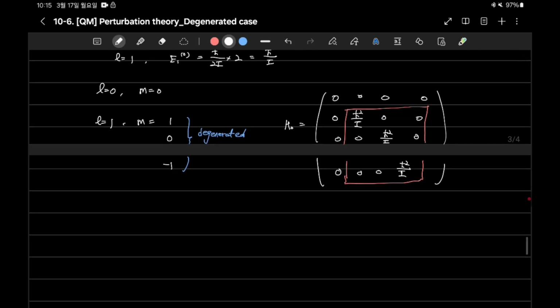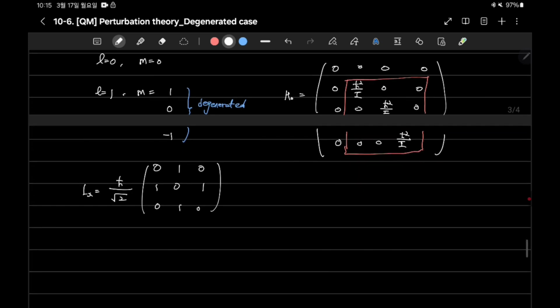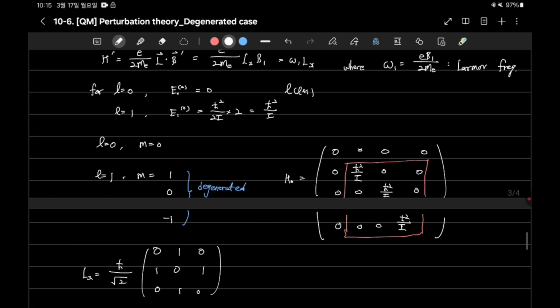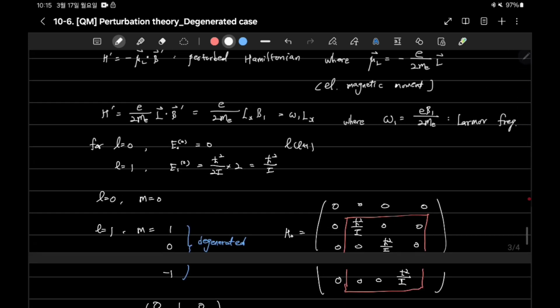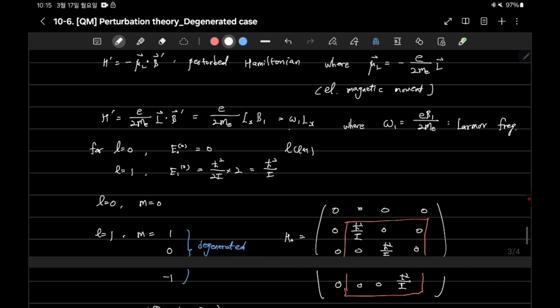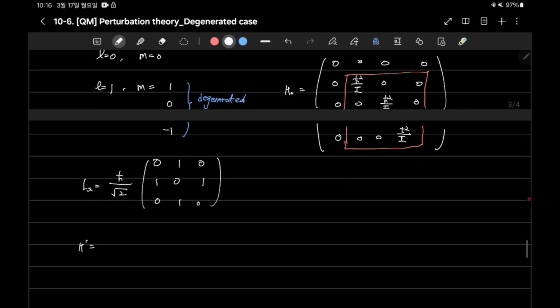Here we know that Lx is h bar over square root 2 times the matrix 0, 1, 0, 1, 0, 1, 0, 1, 0. That is Lx. Then the perturbing Hamiltonian H prime is omega 1 Lx.